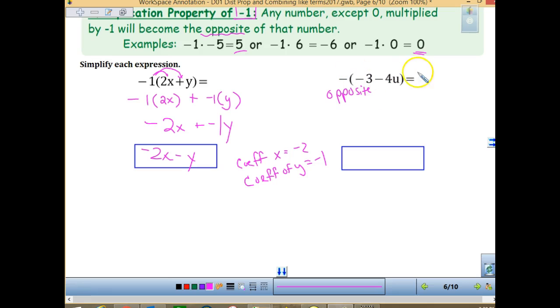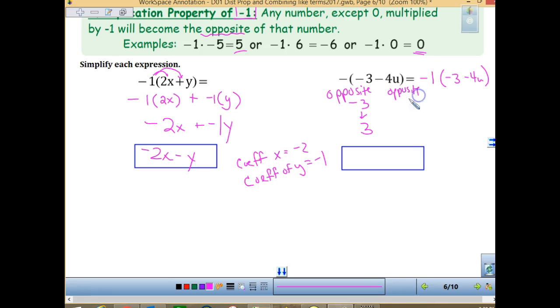A lot of times I will recommend that you write this when you're doing the problems as -1 times -3 minus 4u. But it says anything you take times -1 becomes the opposite. So the opposite of -3 is going to be what, Emma? 3. And then I'm taking the opposite, right?